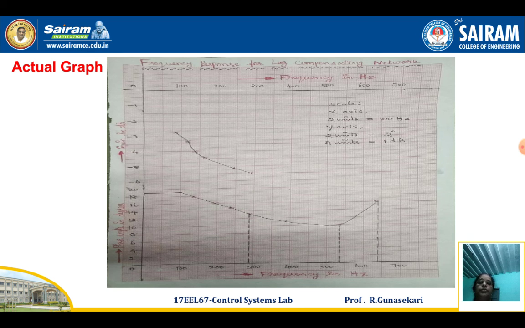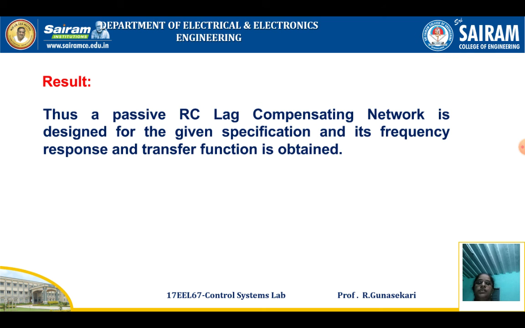I am setting the input voltage to 3 volt. Then result: a passive RC lag compensating network is designed for the given specification, and its frequency response and transfer function are obtained.